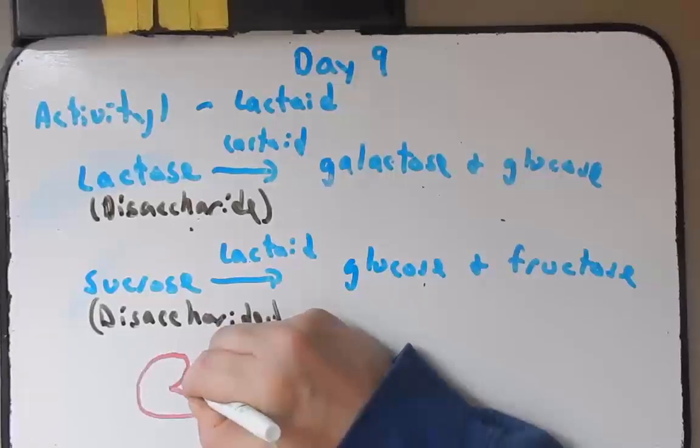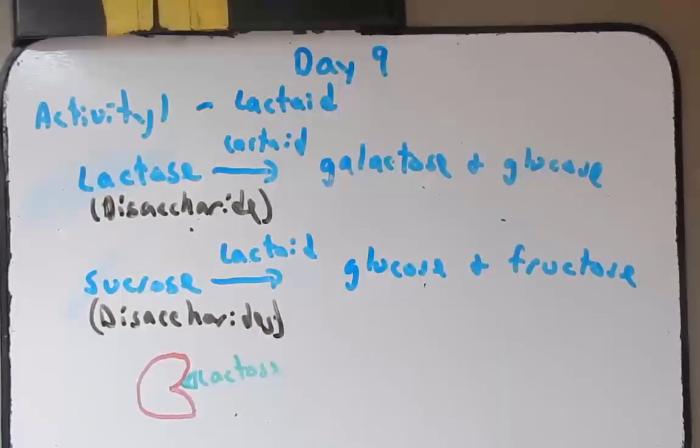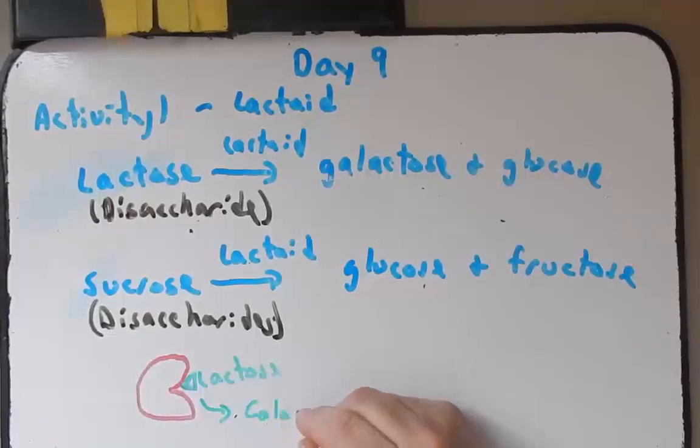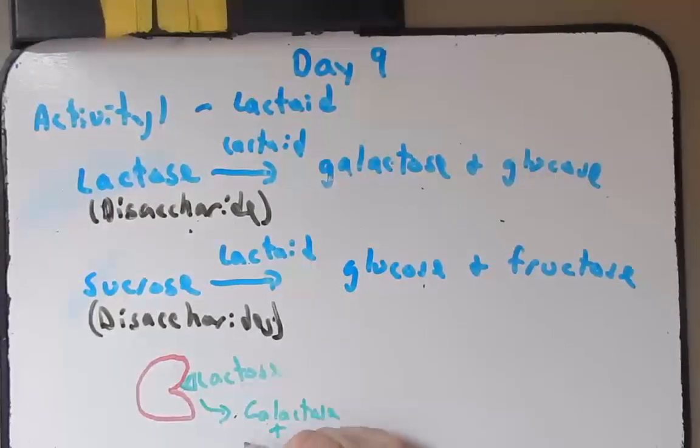Let's say it's kind of wedge shaped, like so. And because it can fit in here specifically, it's allowed to form those weaker non-covalent interactions to allow it to bind tightly into this active site. Once it binds into this active site, it's able to convert it to galactose and glucose.